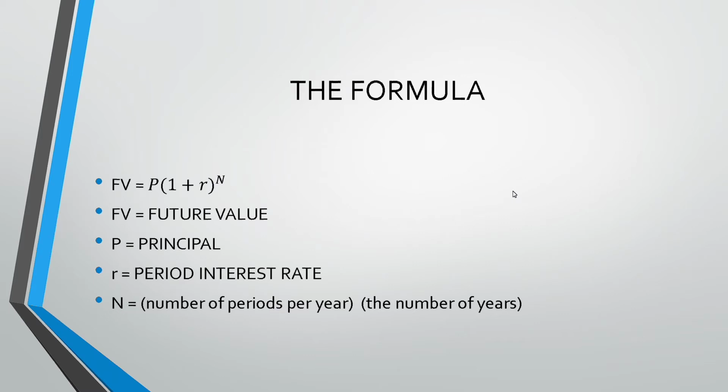Okay, so FV is equal to future value, P is equal to principal, R is equal to period interest rate, and then N is equal to number of periods per year or the number of years. Okay, so let's apply this.